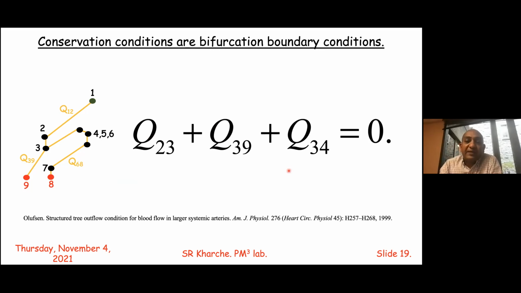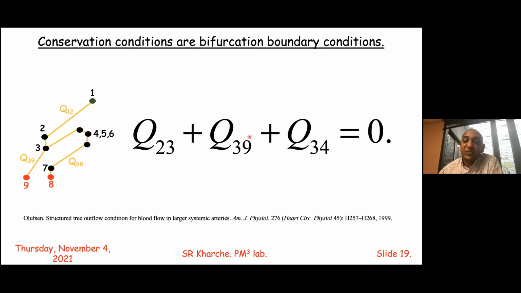So I've again repeated this here. A specification of the boundary conditions at inlets and outlets is not enough, but at every bifurcation or even every node that we have in our structure, we must have conservation.